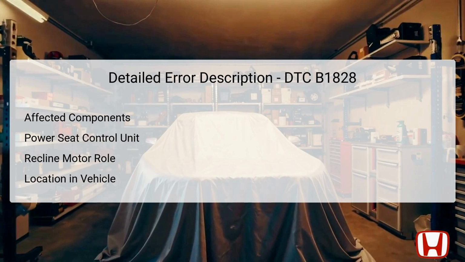The DTC B1828 primarily involves the driver's seat recline motor and the power seat control unit, both integral for seat adjustment. The power seat control unit is responsible for managing the seat's movement, ensuring smooth and accurate adjustments. Located under the driver's seat, this component connects to various switches and motors, including the recline motor.